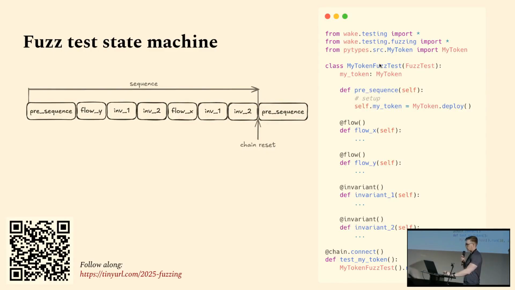And then there's a class. So each fuzz test in Wake is a class which needs to inherit from fuzz test, and we can name it whatever. Well, this time it's myToken fuzz test. And there we can define some variables, and those variables will be used for storing the deployed contracts, but also for keeping the differential state, because we will be doing differential testing.